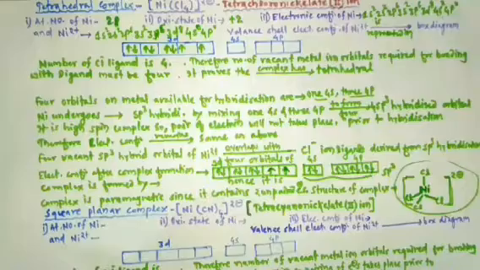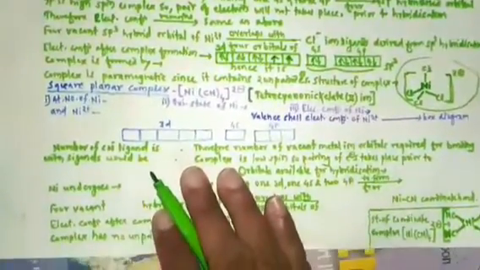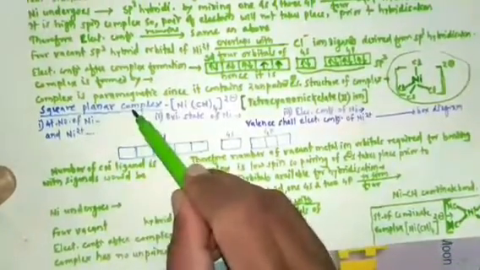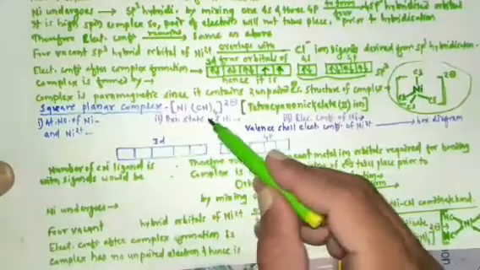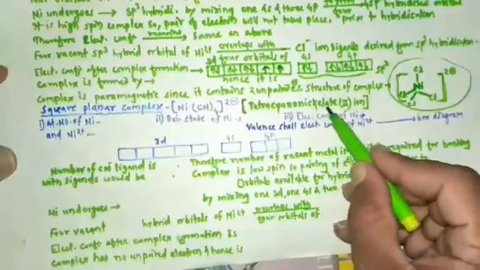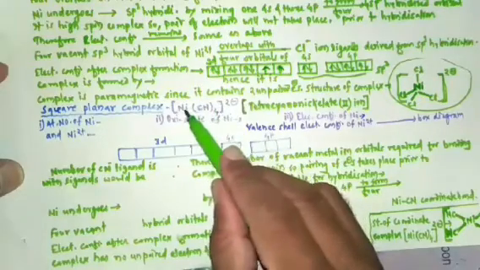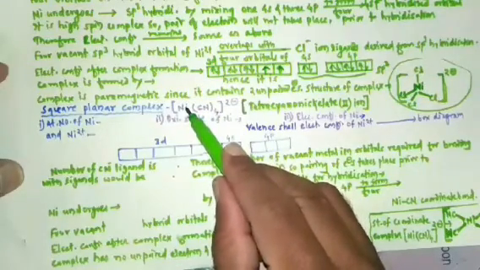After studying the tetrahedral complex, now we are going to study the next complex, the square planar complex. In square planar complexes, we are going to study tetracyanonickelate(II) ion.